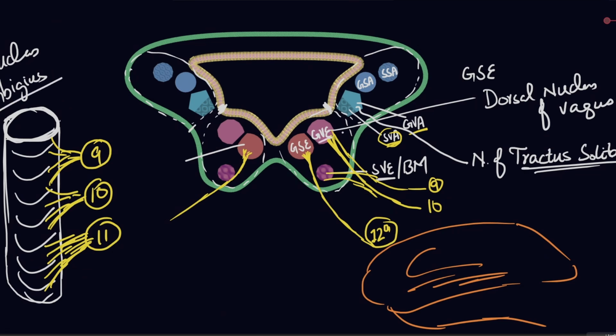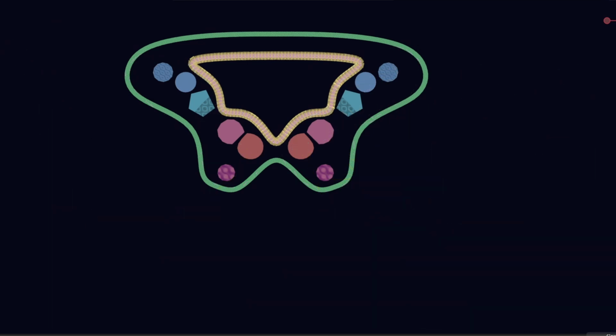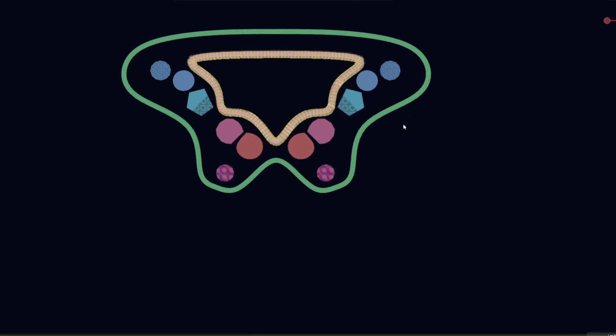Then we have the general visceral efferent type of nucleus, which is the dorsal nucleus of vagus. Then we have the nucleus of tractus solitarius, which covers both types of fibers, the special visceral as well as general visceral. Then we have general somatic efferent and special somatic efferent. So let's remove this, and now let's try to understand it further.